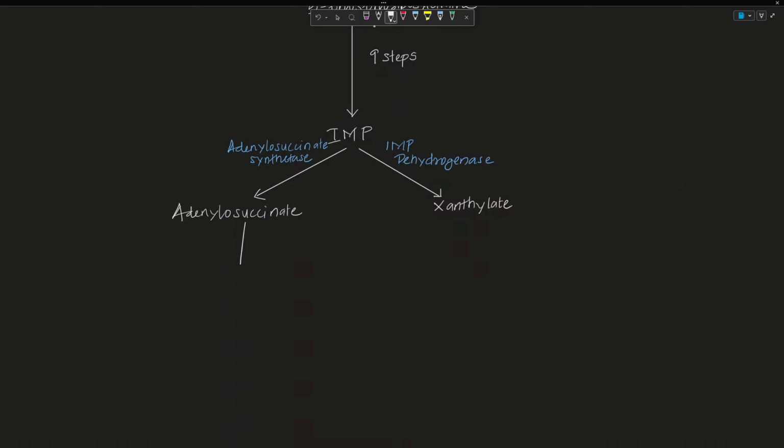Final step. This gives us adenylate, or AMP. This gives us guanylate, or GMP.